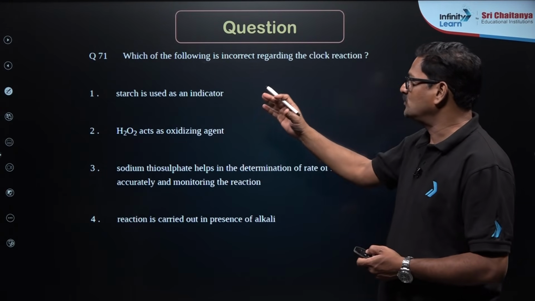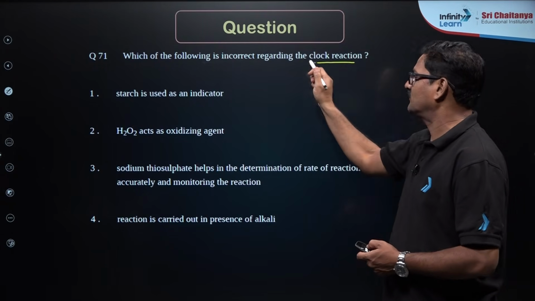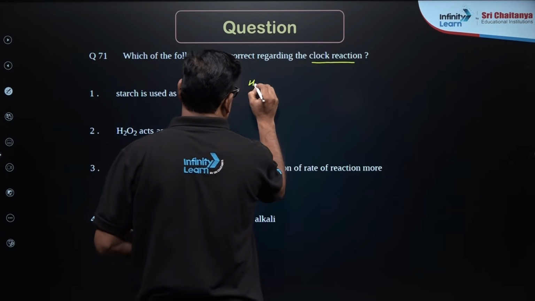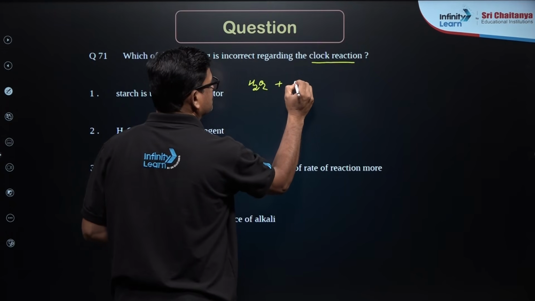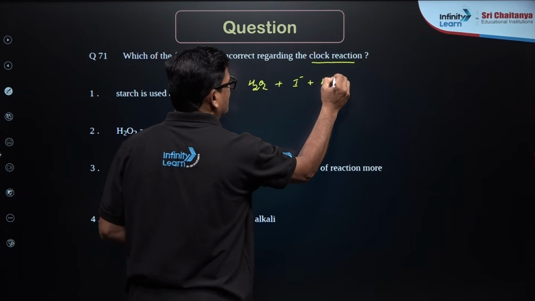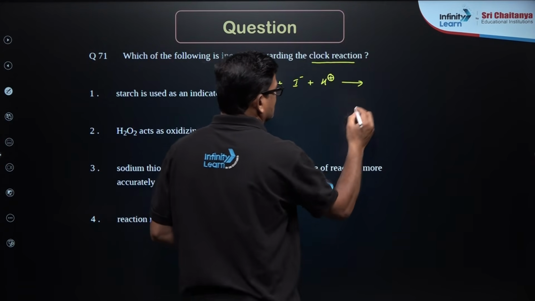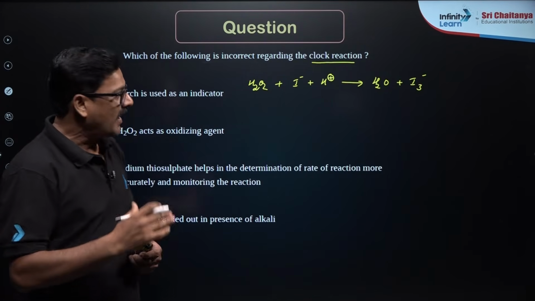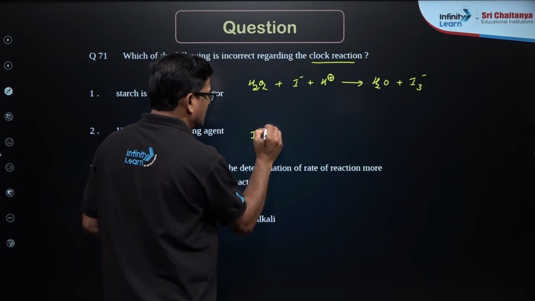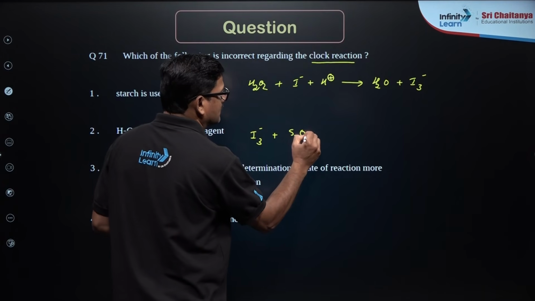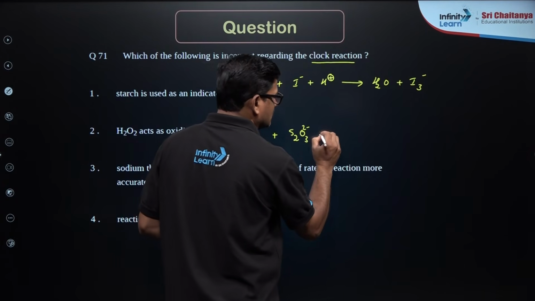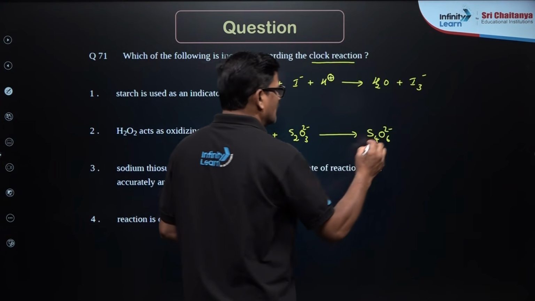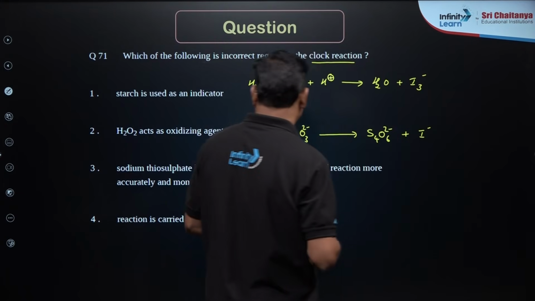Students, here is the question: which of the following is incorrect regarding the clock reaction? So what exactly is happening in the clock reaction? Hydrogen peroxide reacts with I minus in the presence of H plus, you are going to get H2O plus I3 minus, and this I3 minus is going to react with thiosulfate, you are going to get tetrathionate S4O6 2 minus, and I minus is regenerated.